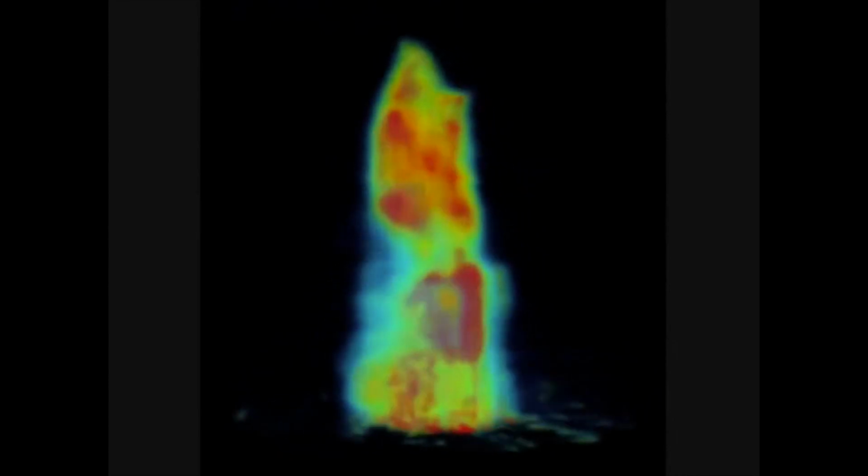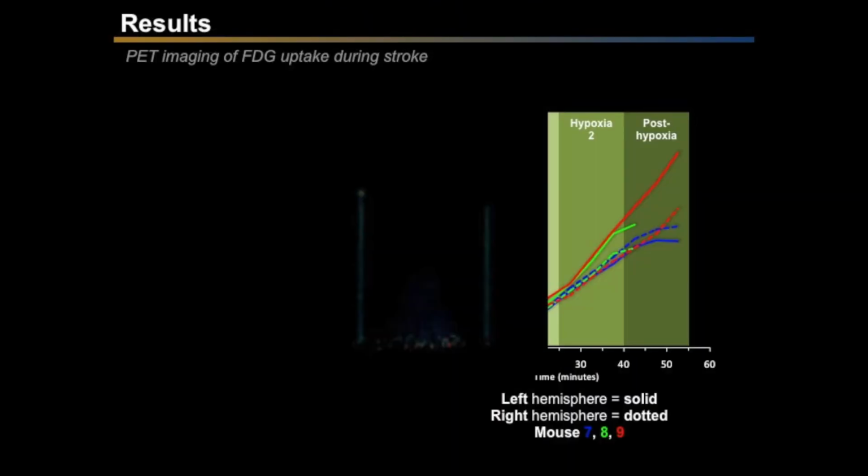Here I've shown the time activity curve of FDG uptake for this animal. And in 2 other animals, we observed in one of them the same trend. And in mouse 7 and 9, so that's the blue and red curves, they also showed evidence of changing diffusion indicative of cytotoxic edema.